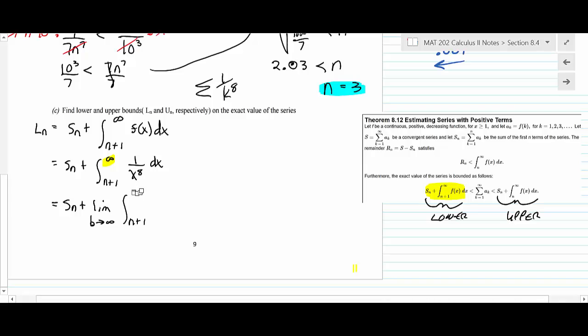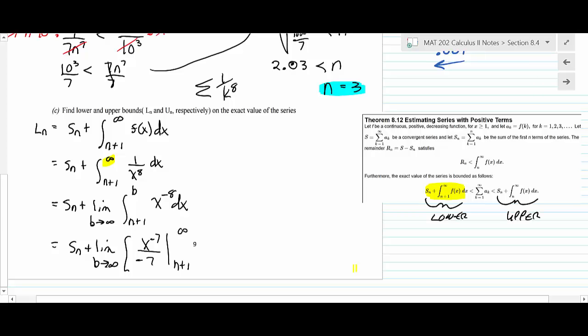Then again, let's do that integral that we just did, except we're going to evaluate it in different limits here. So that's going to be S of n plus the limit as b goes to infinity of the antiderivative, which is x to the negative 7 over negative 7. Then we're going to evaluate that from n plus 1 to b like that.